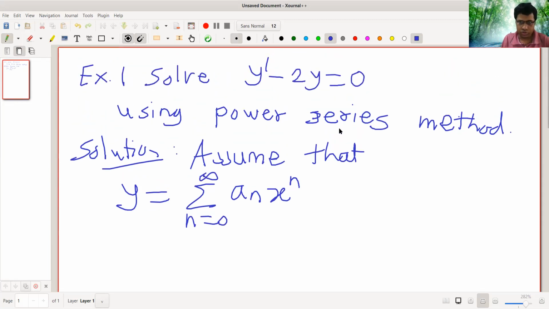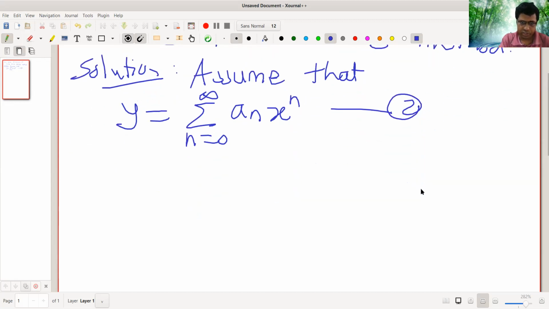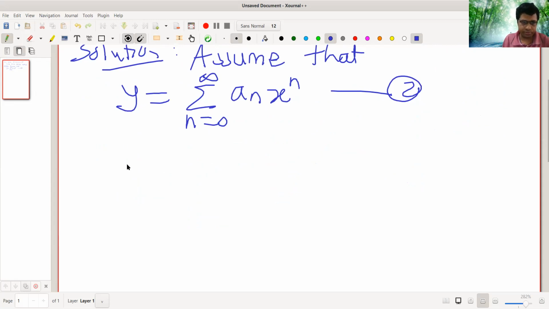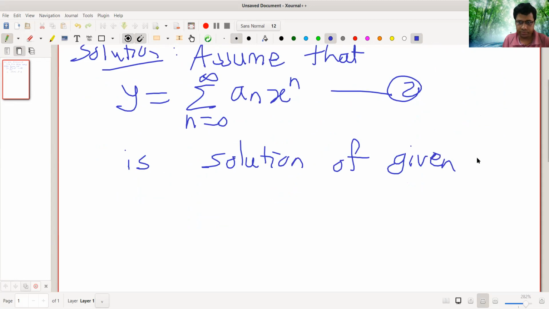Okay, so this differential equation is 1, this is 2, a solution of the given differential equation. Okay.